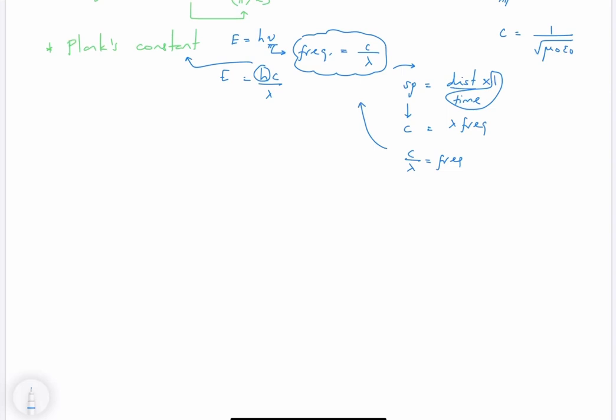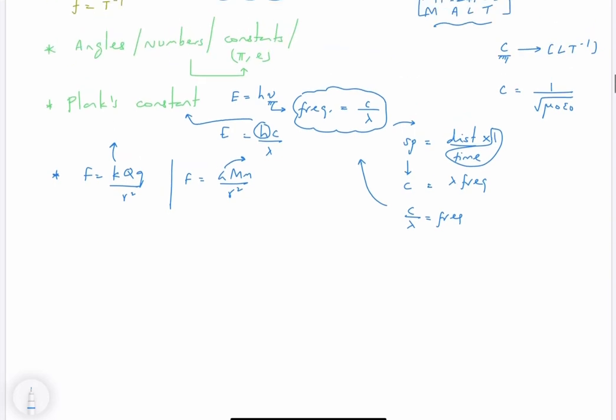Similarly, there are a lot of other constants, like F equals k Q by R square, or F equals G M M by R square. This is Coulomb's constant. This is the gravitational constant. And each one has values. Since they are called constants, they have a fixed value.